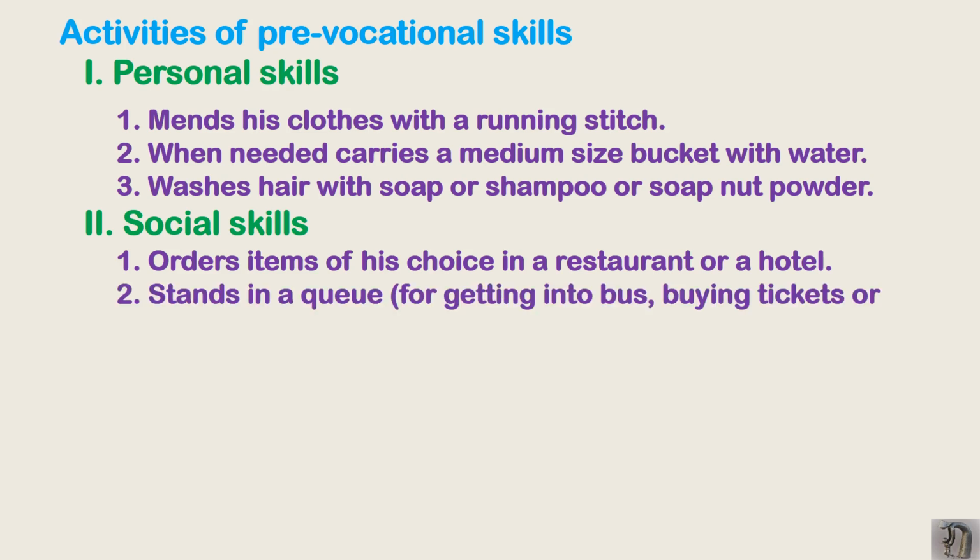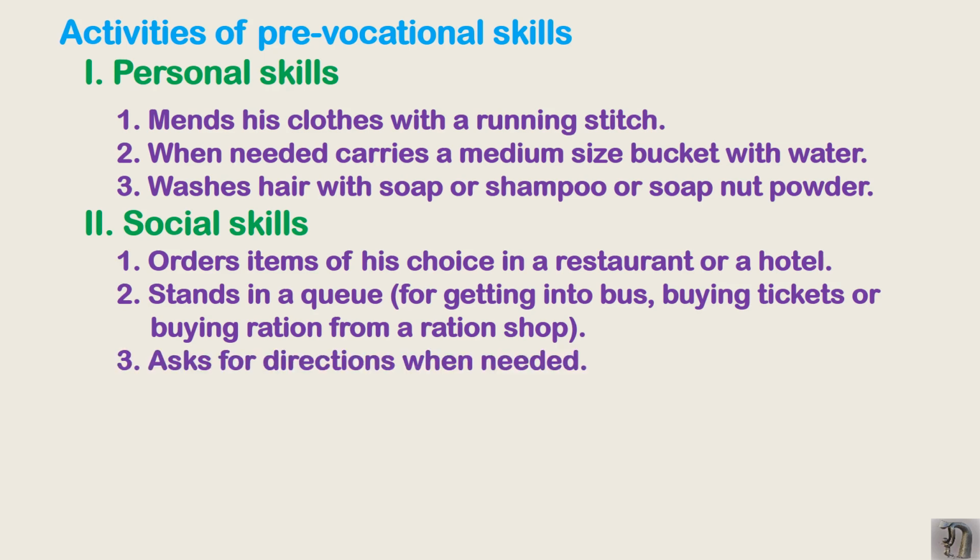Stand in a queue for getting into a bus, buying a ticket, or buying ration from the ration shop. These are all activities where they engage with other people, and they try to build their socialization skills. Ask for direction when needed, that is also one kind of socialization skill. Without socialization skills, we cannot ask for direction, because we require some person with whom we interact.